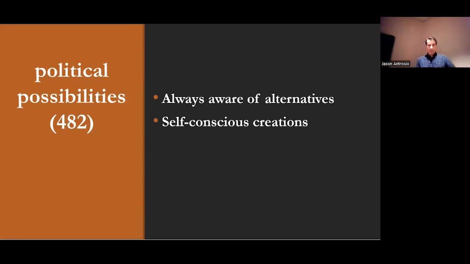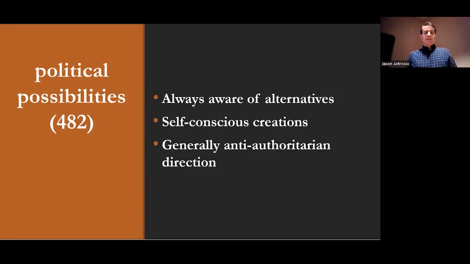They were people thinking about them and reflecting upon them and creating different forms of polities. In general, they took an anti-authoritarian direction. And I say in general because there were some societies which maintained more forms of kingship, monarchy, like the Natchez. And the anti-authoritarian direction came about in part because of the experience of Cahokia and a reaction to the authoritarian direction that they had been taken.